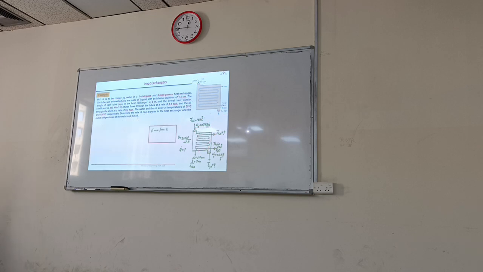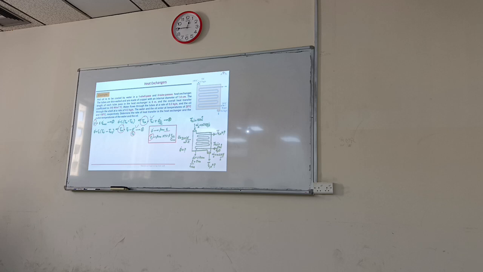Q dot we calculate from effectiveness, and effectiveness from NTU and C minimum. These are the equations to calculate Q dot, the outlet cold temperature, and the outlet hot fluid temperature.